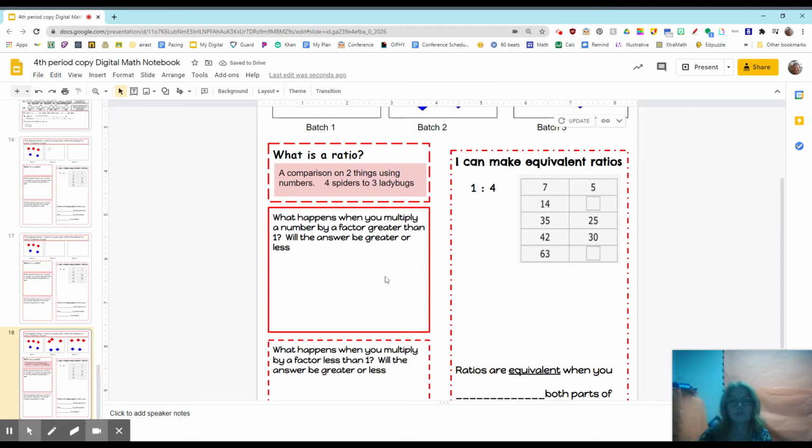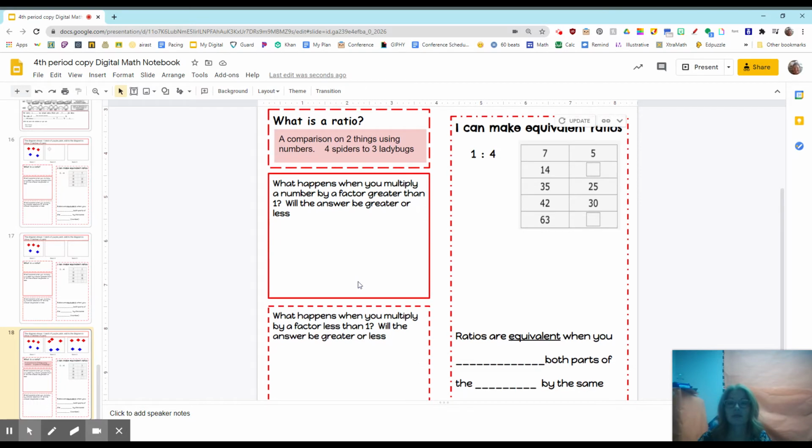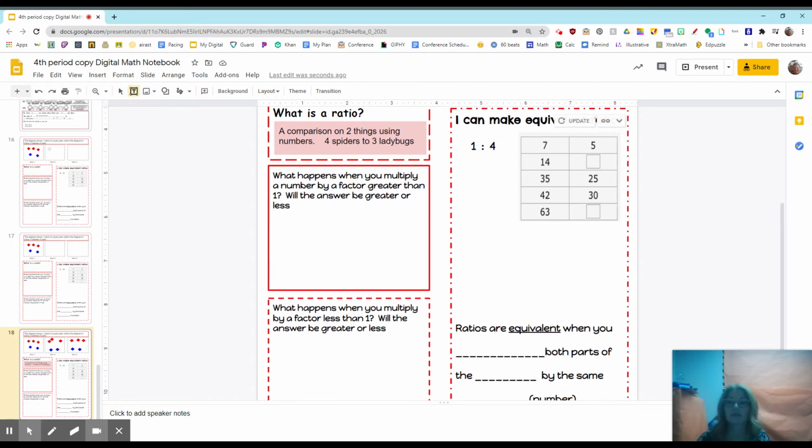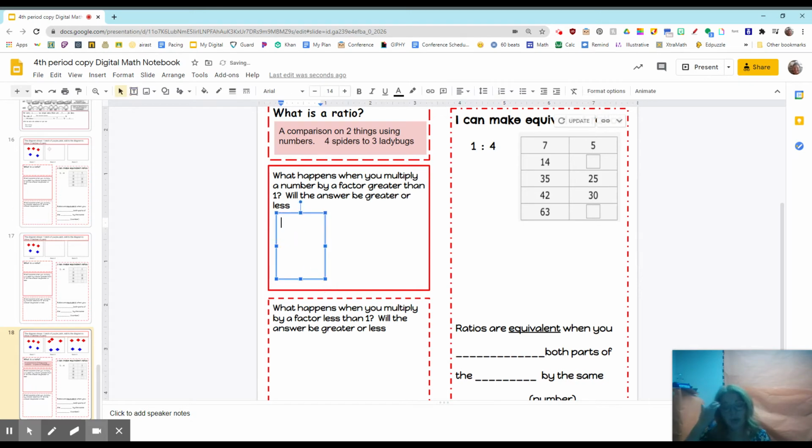What happens when you multiply a number by a factor greater than 1? Will the answer be greater or less? So I'm going to put some math problems in here.